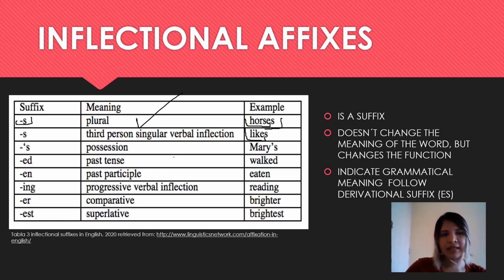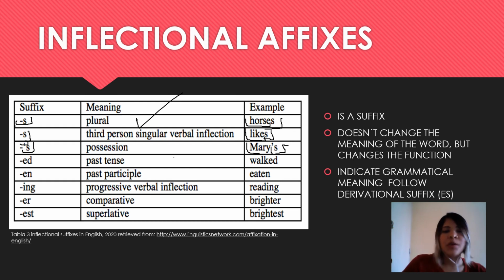If we add the suffix s for the third person, we will get likes. Now, if we want to show possession, for example Mary, we add apostrophe and s, and we get Mary's. An example could be Mary's house. Now it's a possession. You can see the possession there.